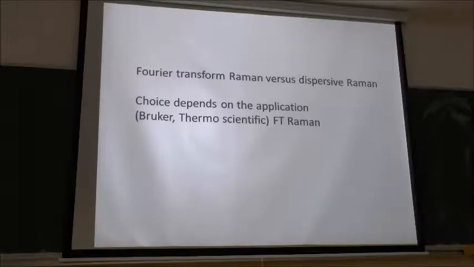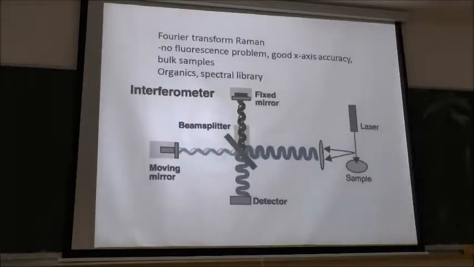So what kind of instruments do we have? There are two instruments, two different designs: Fourier transform and dispersive Raman. Fourier transform is in principle an interferometer. In order to obtain Raman spectra, you need to apply a Fourier transform algorithm to the Raman signal.